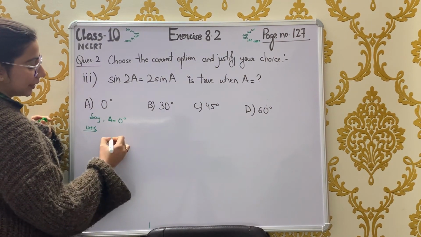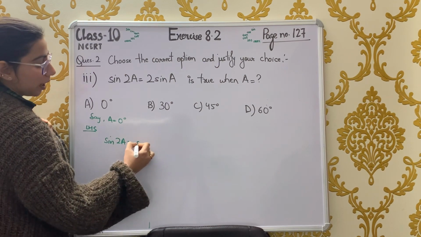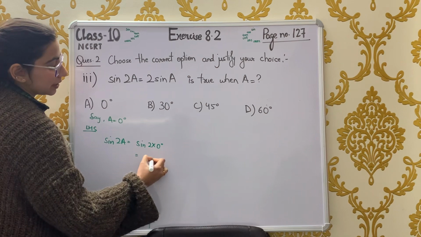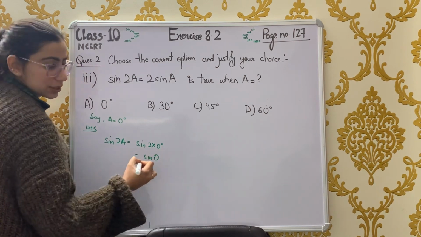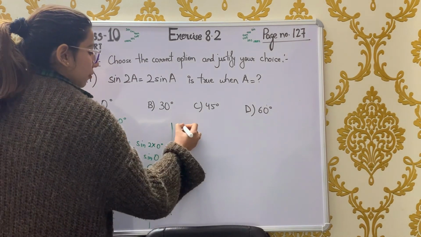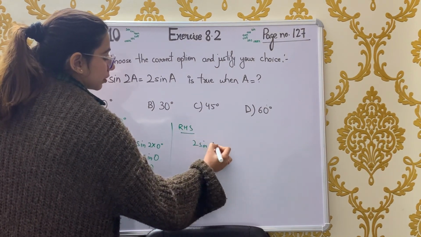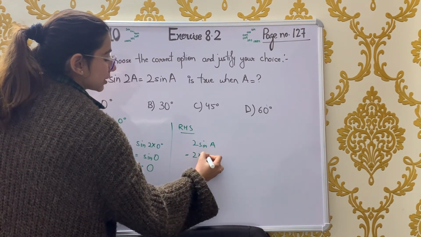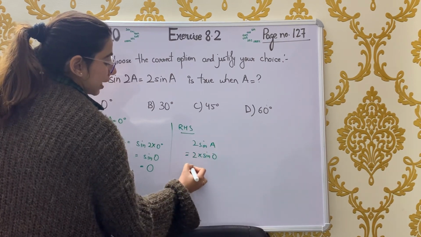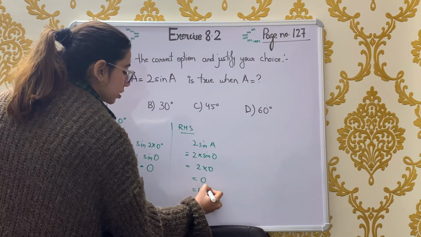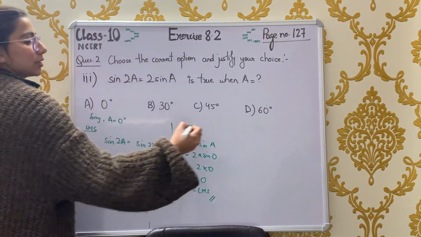We have sine 2A. So that becomes sine 2 into 0 degree. That becomes sine 0, which is equal to 0. Now for RHS we have 2 sine A. That becomes 2 into sine 0, and that is 2 into 0 and gives us 0, which is equal to LHS. Hence our answer is A.